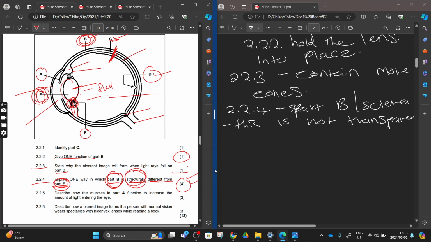Part B, the sclera, is not transparent, and part F, the lens, is transparent.